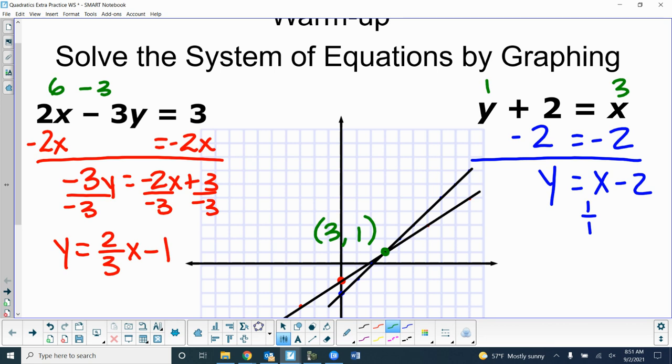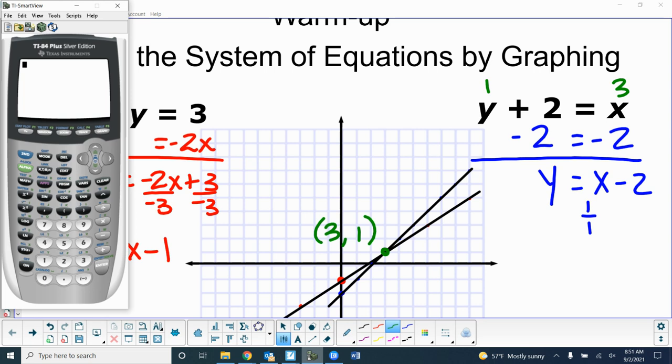You could put those 2 in your calculator. How do I graph in my calculator? What button do I start with? Y equals, right? So, what do we get? 2/3 x. So when you write fractions with this calculator, put parentheses and just go 2 divided by 3.